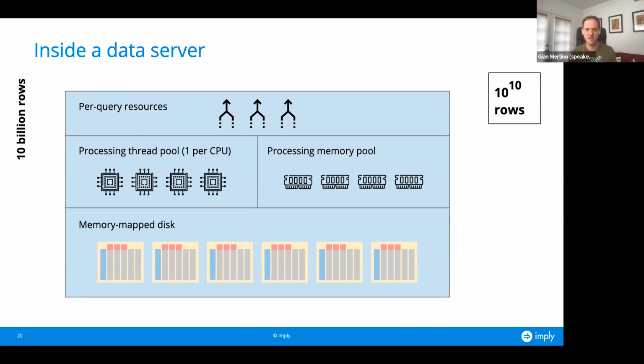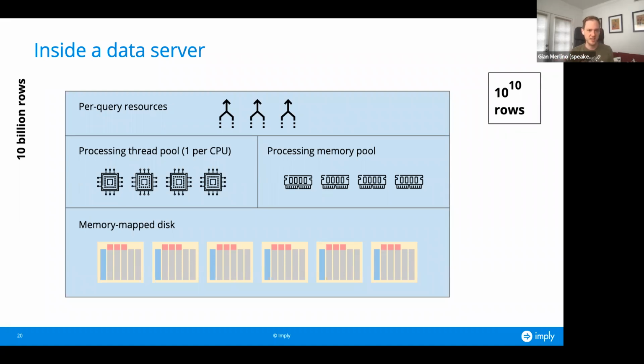Moving up a layer, we have a pool of processors and a pool of memory. The processing thread pool has one thread per CPU. This is how we enable our goal of maximum parallelism. Each of these segments is processed in a single threaded way.